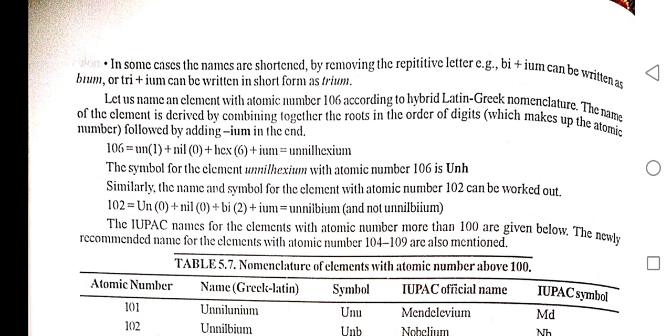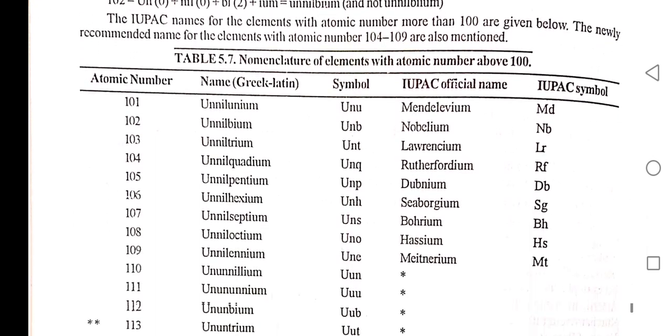The symbol for the element with atomic number 106 is Unh. Similarly, the name and the symbol of the element with atomic number 102 can be worked out. The IUPAC names for the elements with atomic number more than 100 are given below. The newly recommended names for the elements with atomic numbers 104 to 109 are also mentioned.